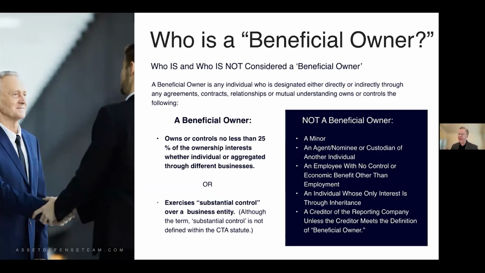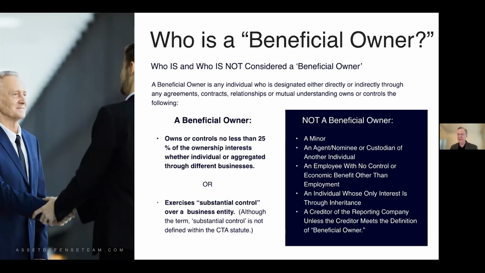Now, it's a better way to define who's not a beneficial owner, and that would be a minor, someone under 18, an agent or a nominee of a company, who's merely just a representative of the company, but really doesn't have any real control, an employee of a company, even though they may be in an important position within the company, if they're really just an employee receiving a salary, they're not a beneficial owner.